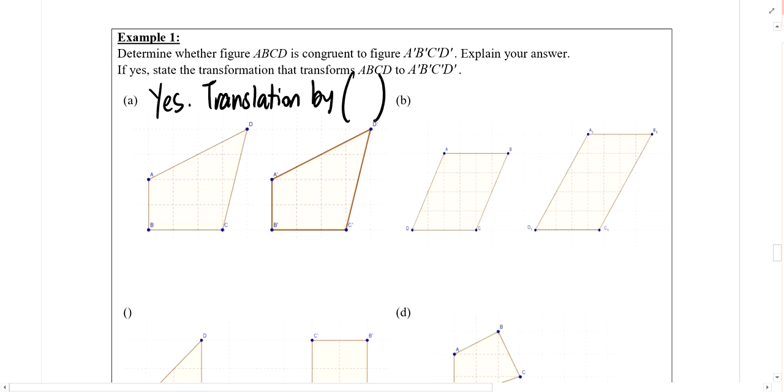Tell me the vector. We go along the x-axis first. Is it moving to the right or to the left? It is moving to the right, so it is a positive number. How many units?